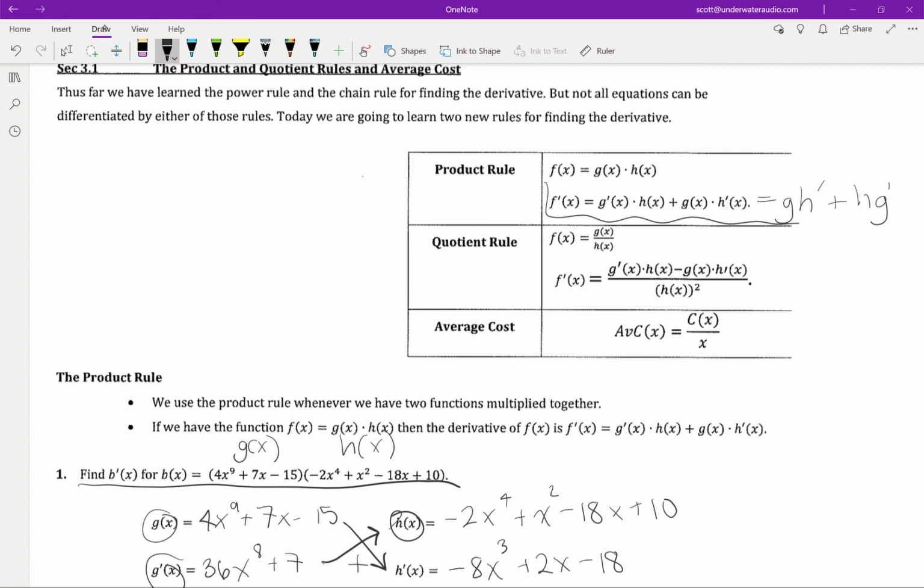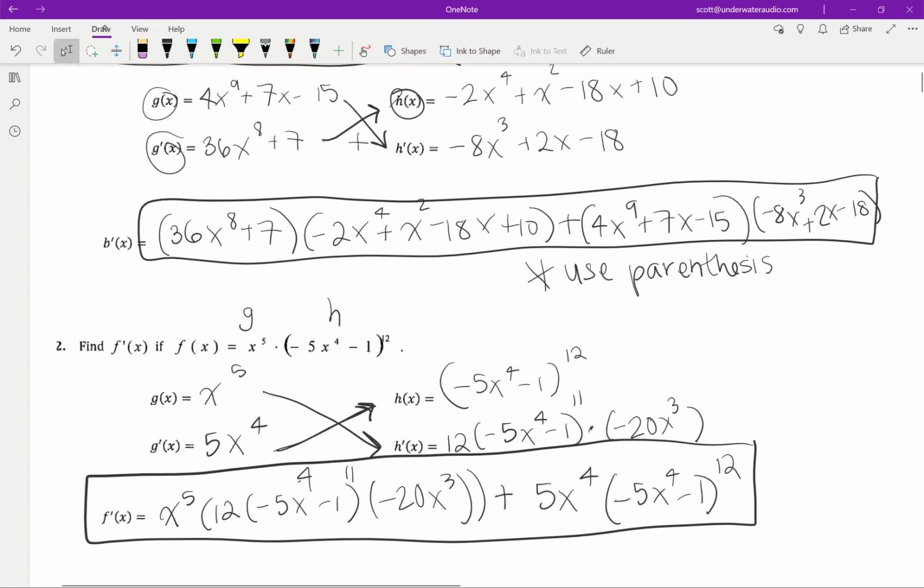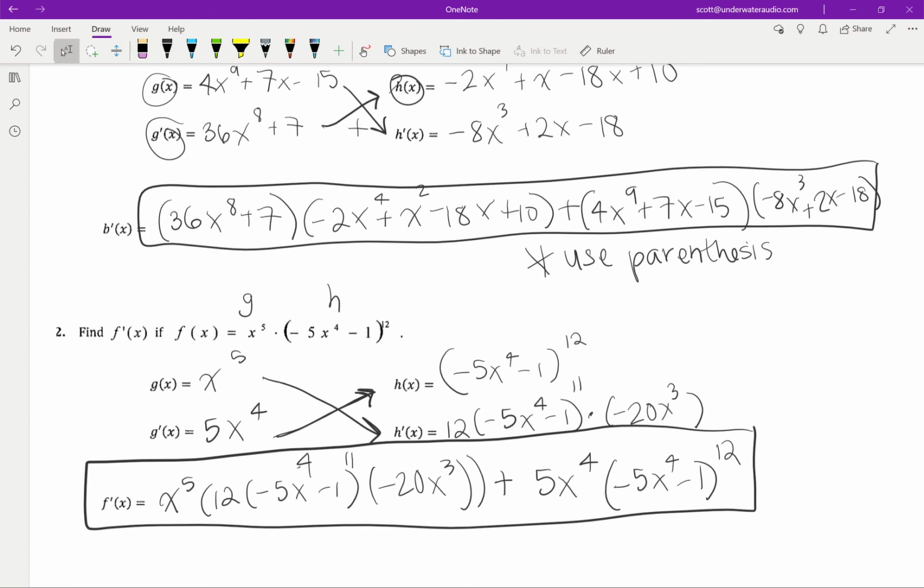You can reorder these two in any way you want, and you can reorder these terms, because that's how multiplication and addition works. What you can't do is, hold on, let me erase. You couldn't do something like g times g prime plus h times h prime, but there's a lot of different ways you can get the same right answer. So when you're doing group work, don't immediately assume someone got something wrong. It might just be looking different than yours. Let's pause right there and we will come back in a minute.